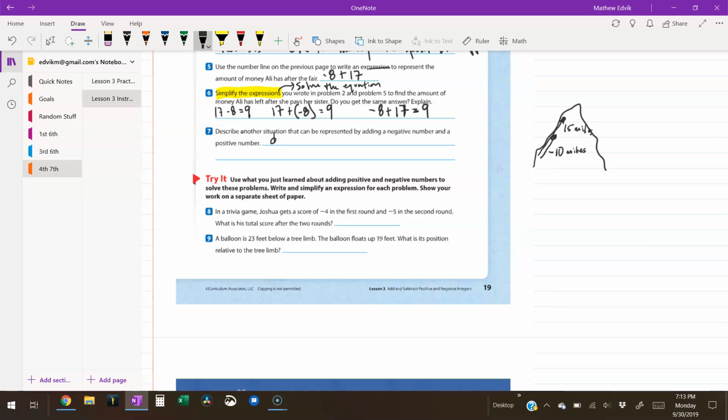So a situation could be driving down a mountain and then driving up the mountain.